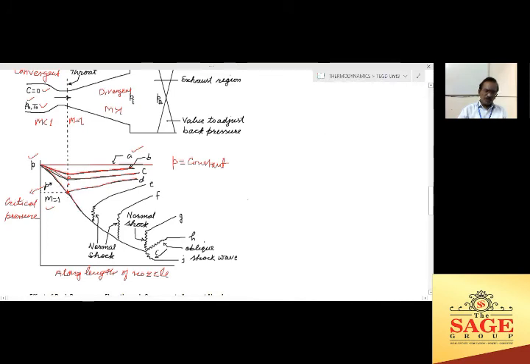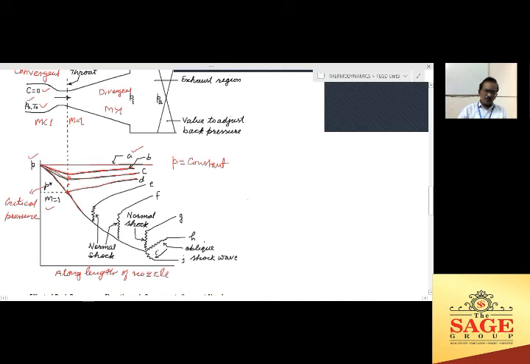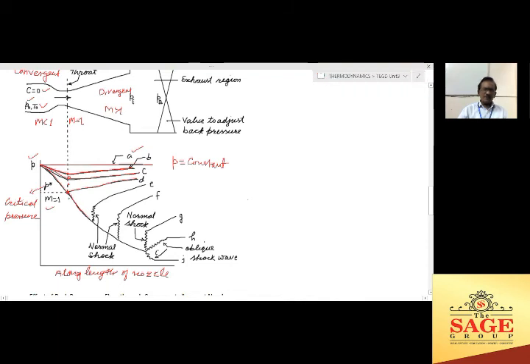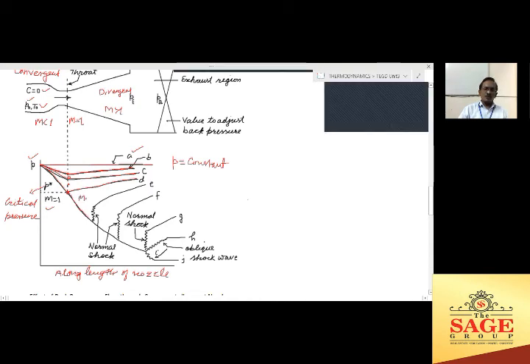It means the pressure will be decreased further beyond the throat. It means the velocity is increasing. So if the velocity increases more than the sound velocity, then Mach number will be greater than 1 in this portion.